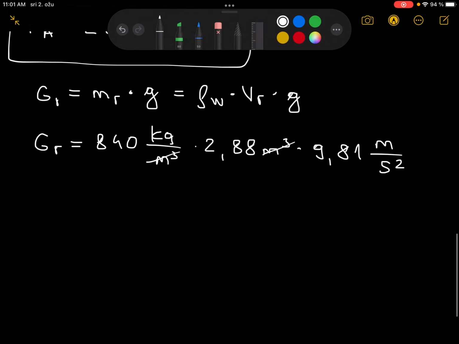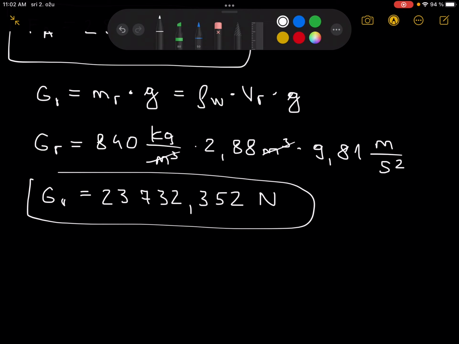Once we calculate all of this, 840 times 2.88 times 9.81, that is equal to 23,732.352. Again, kilograms times meter per squared second is equivalent to newtons.